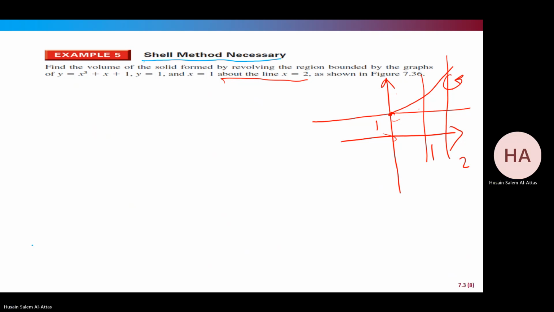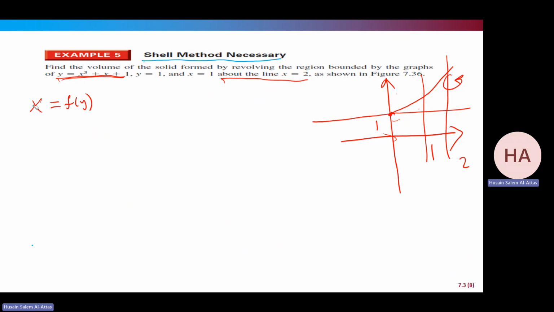Now, if I make the slice this way, I have a problem. I need to write this in terms of y, writing x as a function of y, which is very complicated to do. So I cannot do it this way.